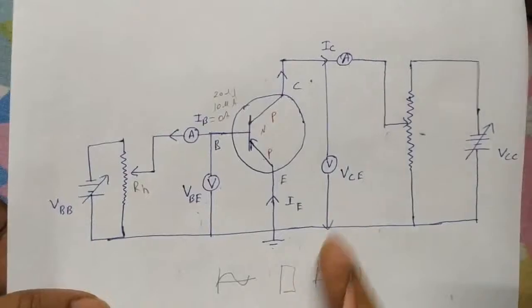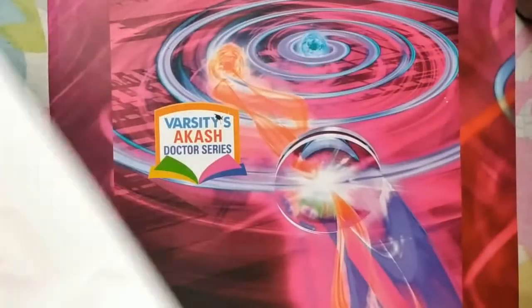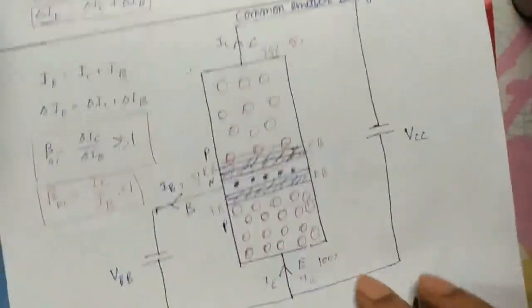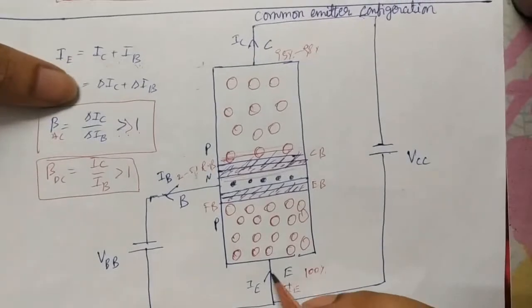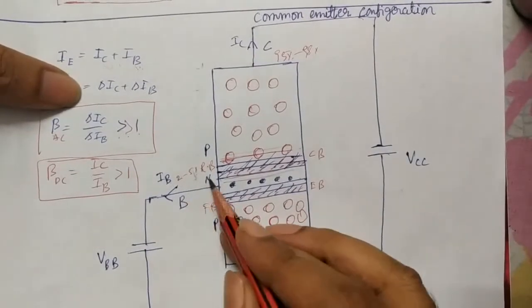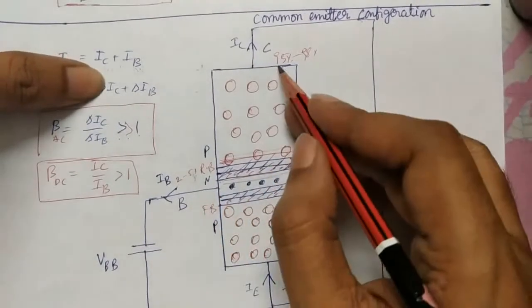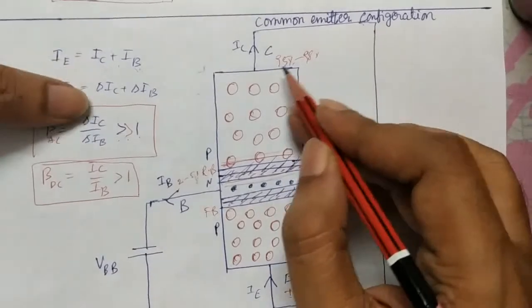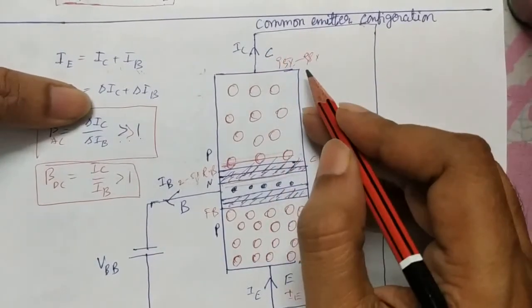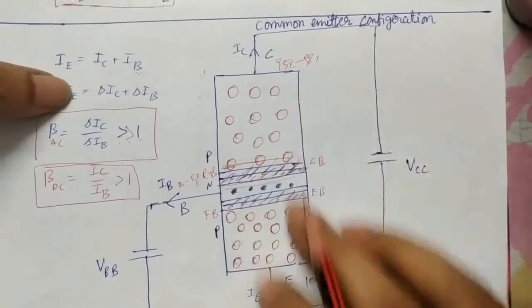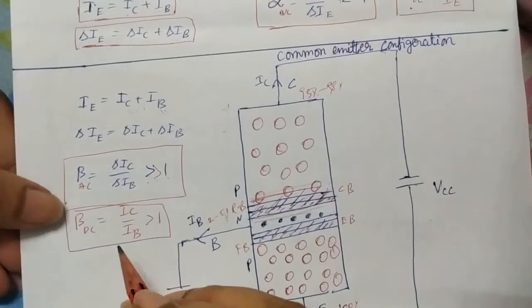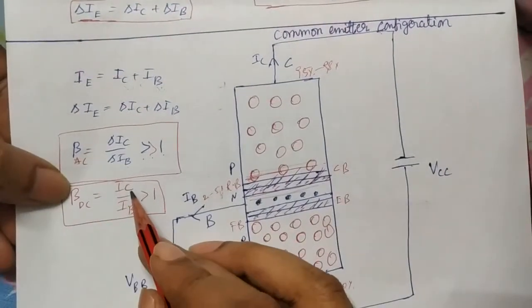Why? Because, as we saw while discussing the working of a transistor, if 100% is entering the emitter, 2 to 5% comes out of the base, and the remaining 95 to 98% goes through the collector. Then you get the amplification factor, that is current in output divided by current in input.